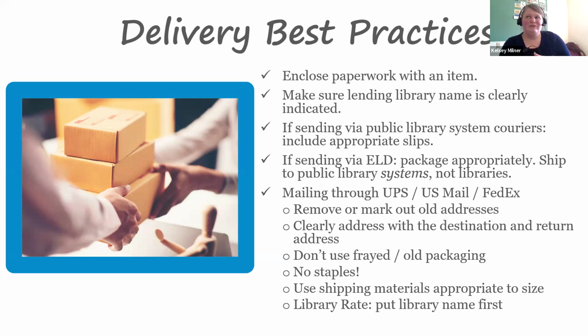Sometimes I will do a search for public libraries. I'll go to a public library's website and then I'll go to their catalog, that's another way you can quickly see which system they belong to. I think parts of the Seal directory are available if you don't have a Seal account.